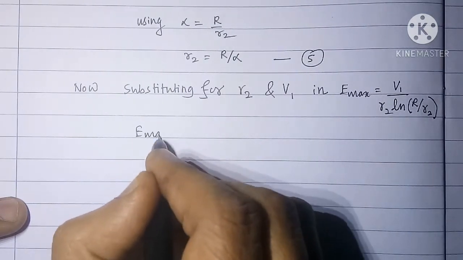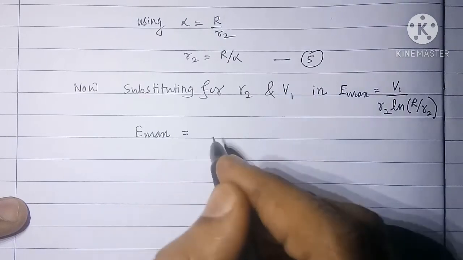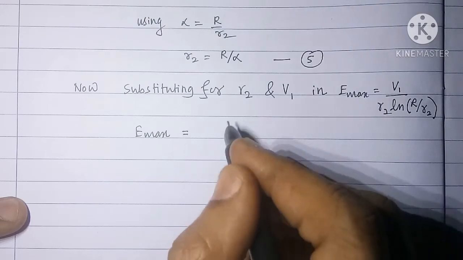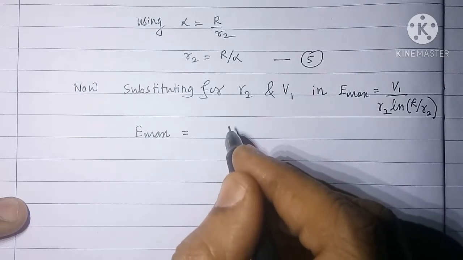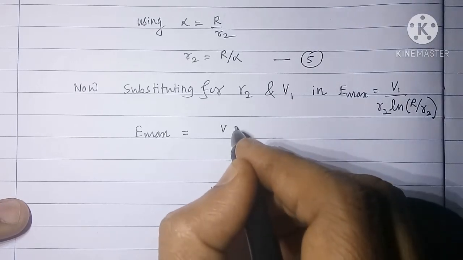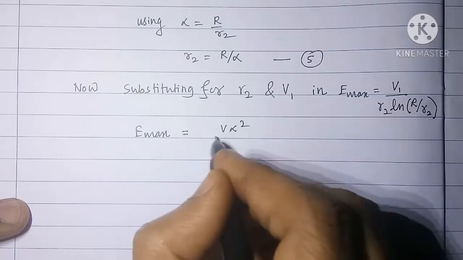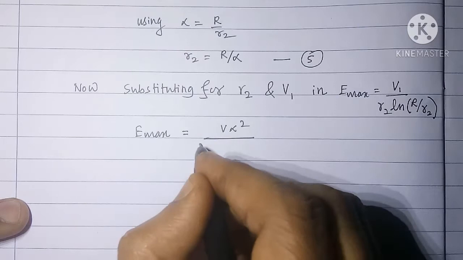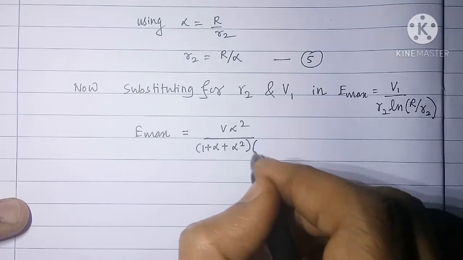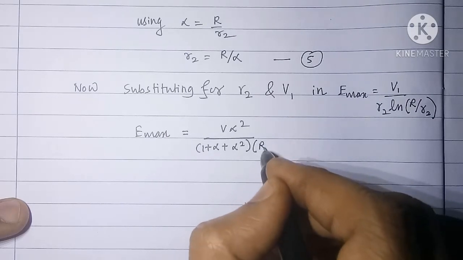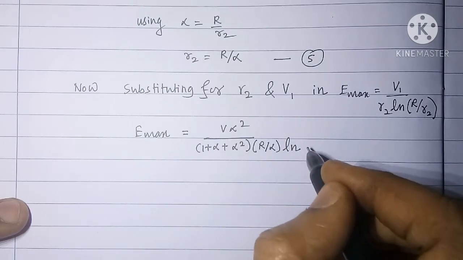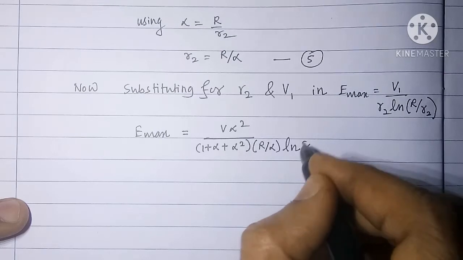Emax will become V1 upon R2. V1 can be written in terms of V as V into alpha square upon 1 plus alpha square, and R2 may be written as R by alpha, into ln of alpha.